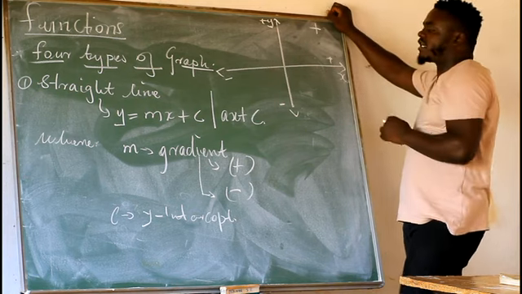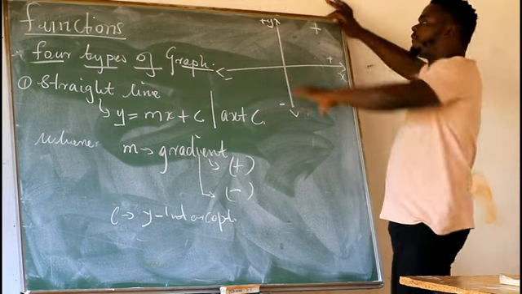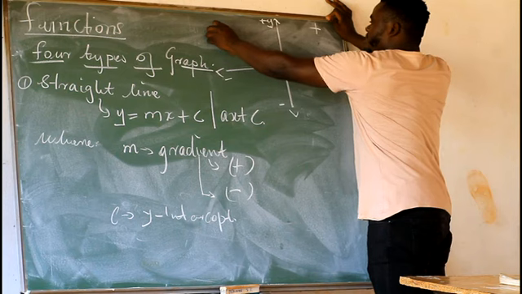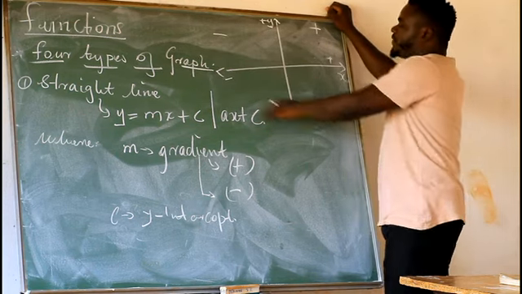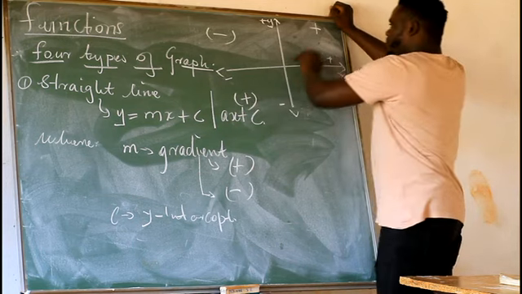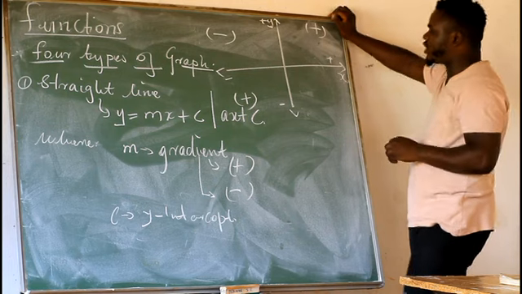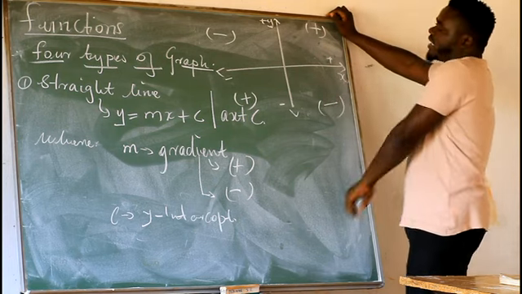In our second quadrant, we have positive and negative, therefore positive times negative is negative. In our third quadrant, we have negative and negative, and the product is positive. In our fourth quadrant, we have negative times positive, then it's going to be negative.